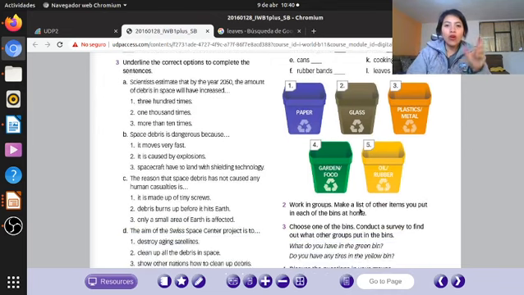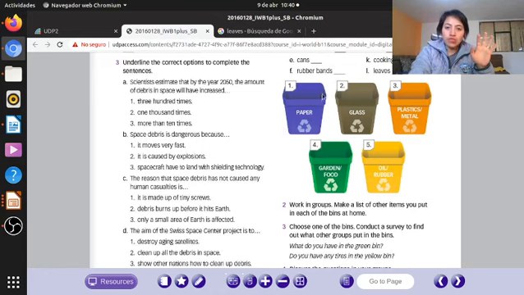Of course, you are going to use post-its or sticky notes, right, in order to write your list of other items you put in each of these bins at home, right? I think you have to write 1, 2, 3, 4, 5.